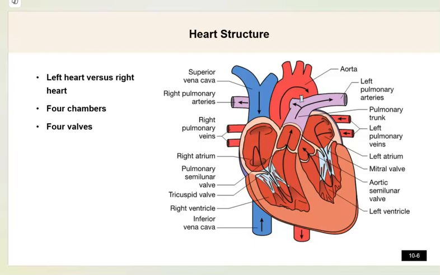Thus, the heart consists of 4 chambers, but it has 2 circuits, with the right side perfusing the lungs and the left side perfusing the body. These are probably really going back to some of our basic anatomy and physiology days.